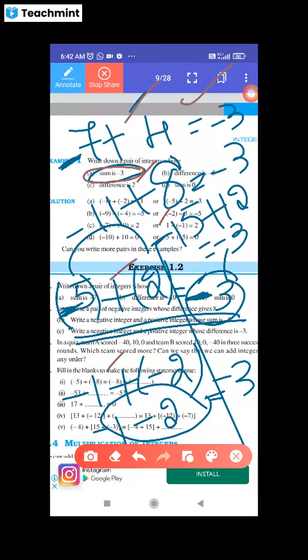Is it completed? This is one example. Another, this one.